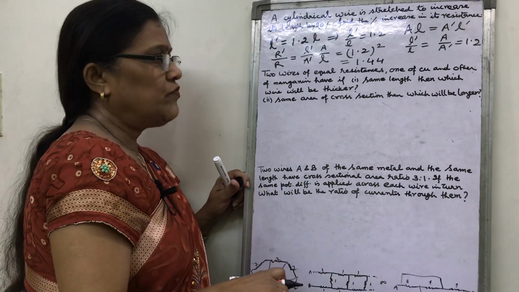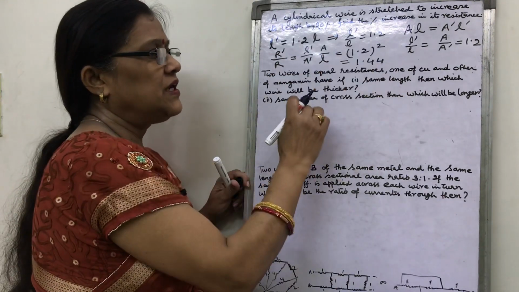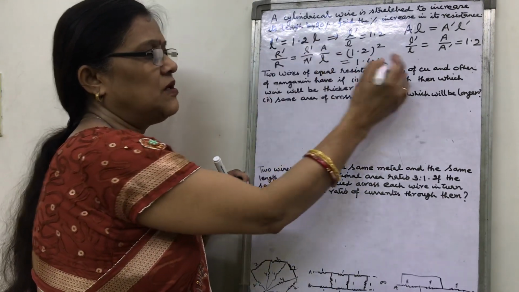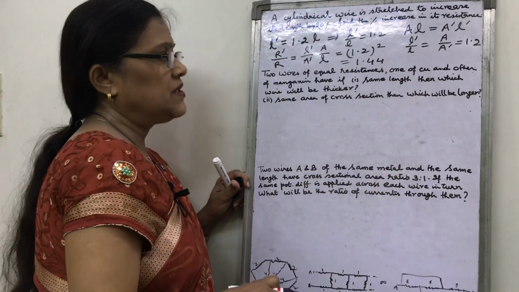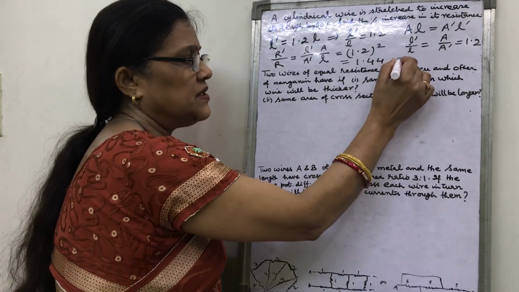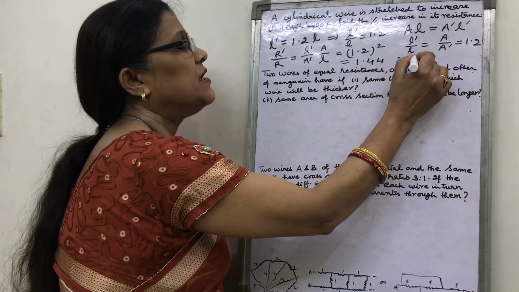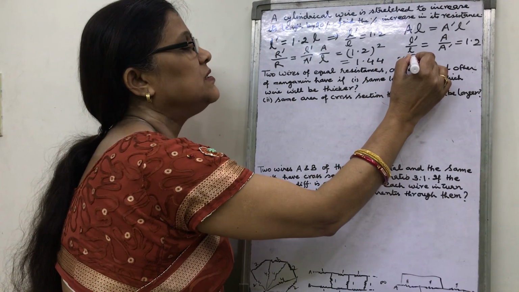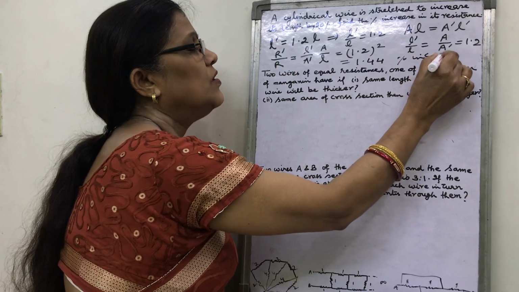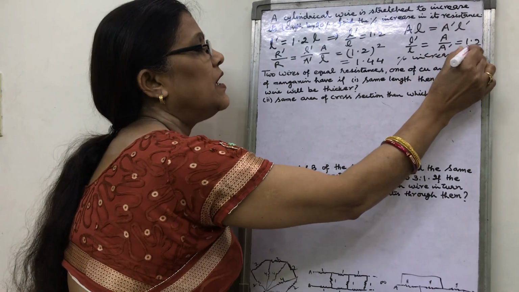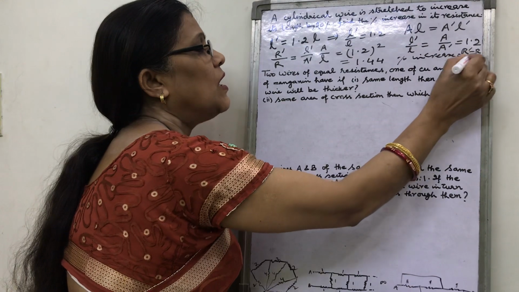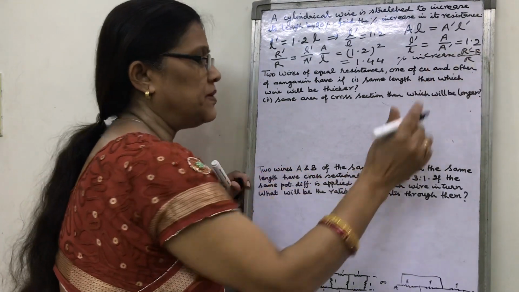So what will be the percentage increase? How will you find the percentage increase in resistance? It will be R dash minus R upon R into 100%.